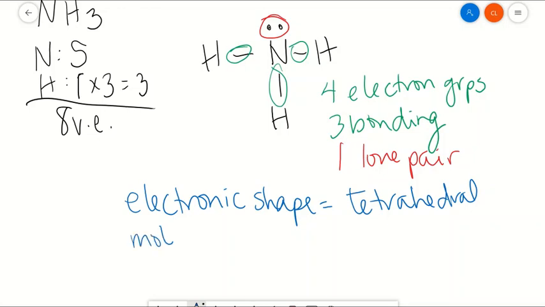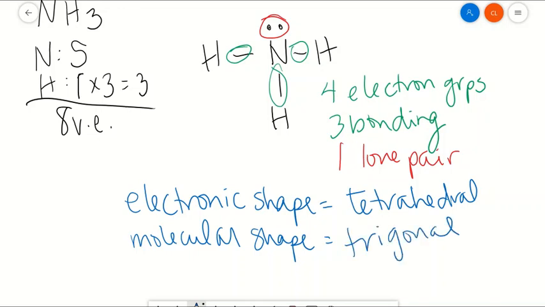But now let's take a look at the molecular shape. So the molecular shape here, again, this is going to look like a triangle, but it's going to be like a pyramid. So it's trigonal pyramidal. So electronic shape, tetrahedral, molecular shape, trigonal pyramidal.